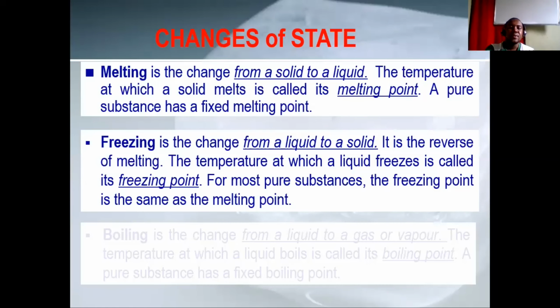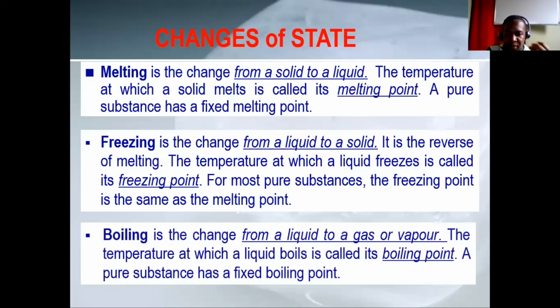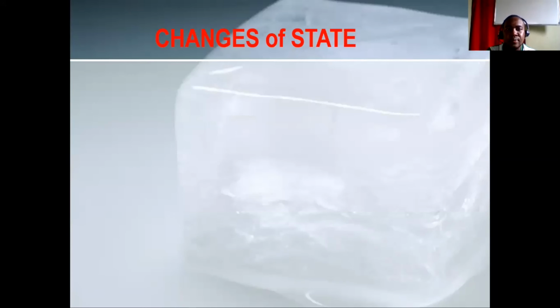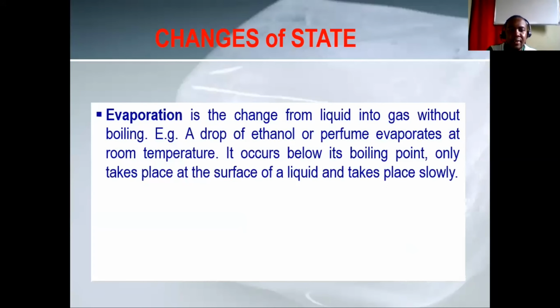Then we look at boiling, from liquid to gas. In this case, we're adding heat because we now need more space in between the particles of the liquid to become a gas. Evaporation is the same process as boiling, but there's a difference between evaporation and boiling. Does anyone know that difference?